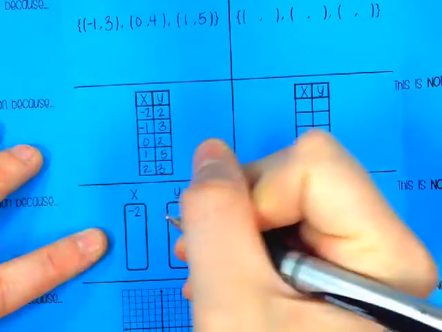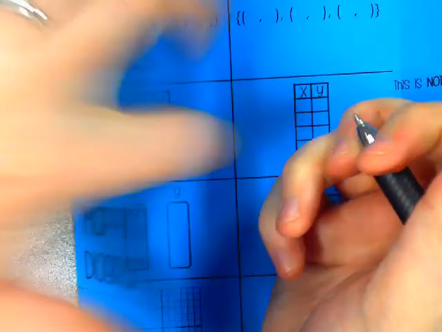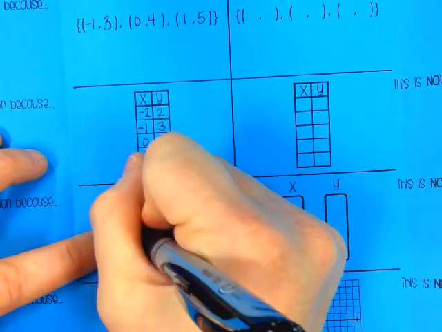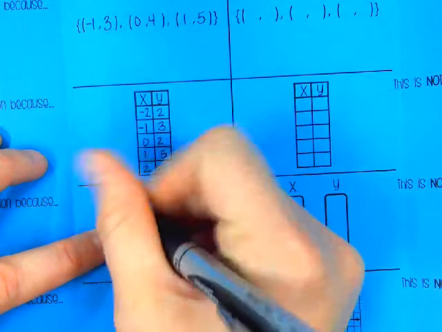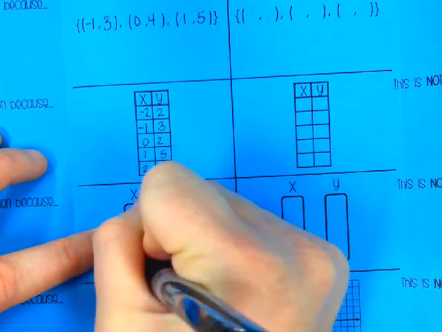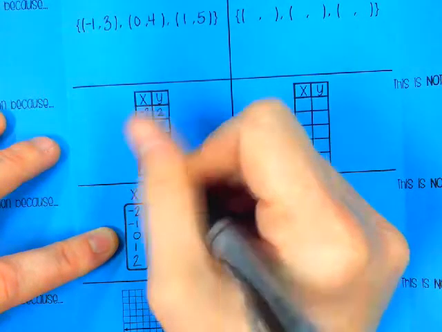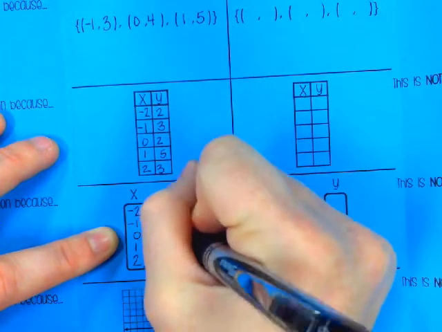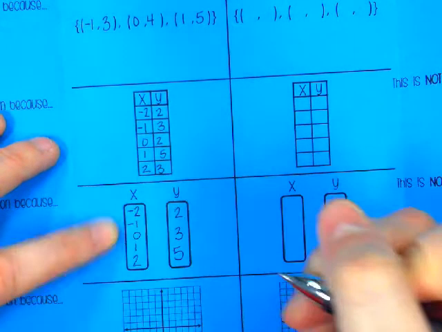So this is called a mapping diagram. So notice my X values are -2, -1, 0, 1, and 2. My Y values are 2, 3, and 5.